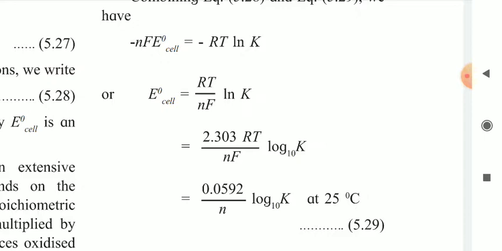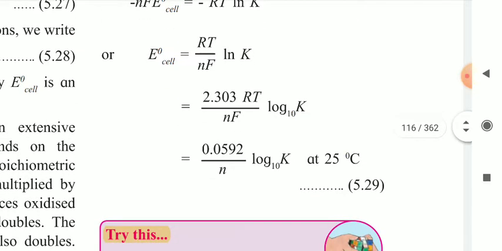If you want to write it in log to the base 10, we are supposed to multiply that equation by 2.303. So this is a very important factor, and on simplification you will get 0.0592 divided by n log to the base 10 of K at 25 degrees Celsius.